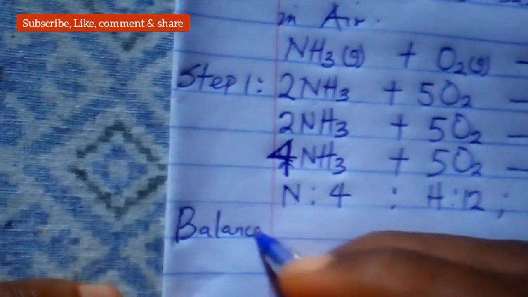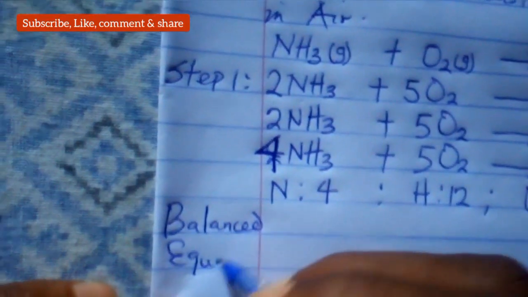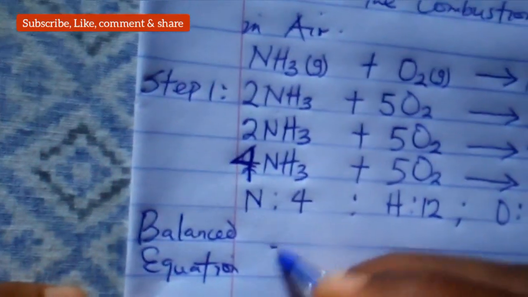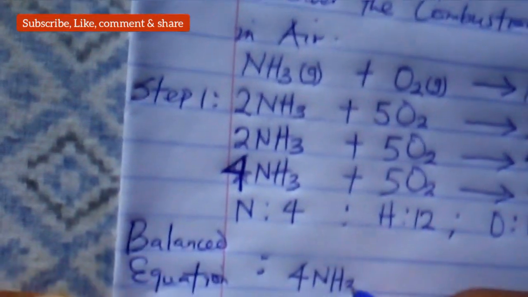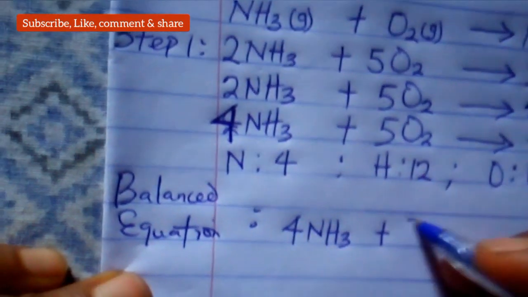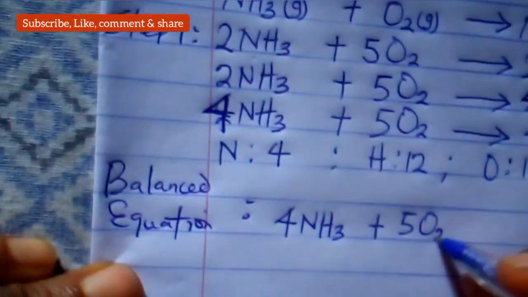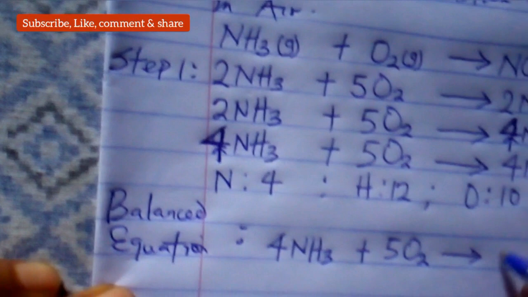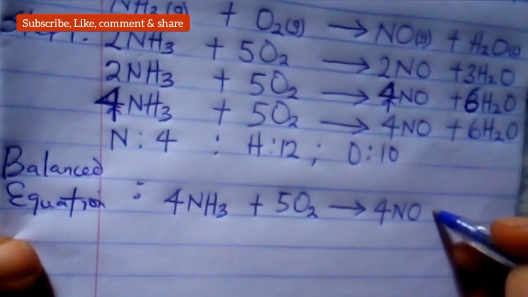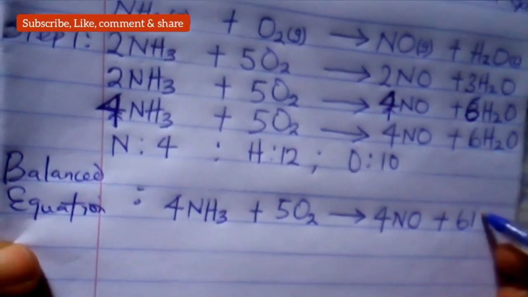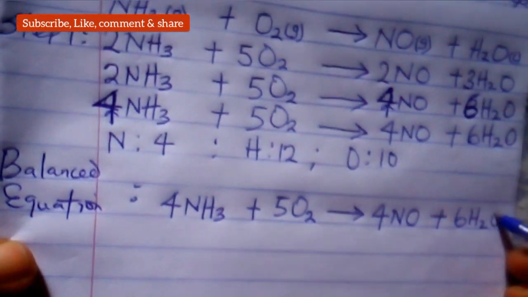So the balanced equation at the end of the day gives us 4 moles of ammonia gas reacting with 5 moles of oxygen gas, giving us 4 moles of nitrogen monoxide and 6 moles of water.